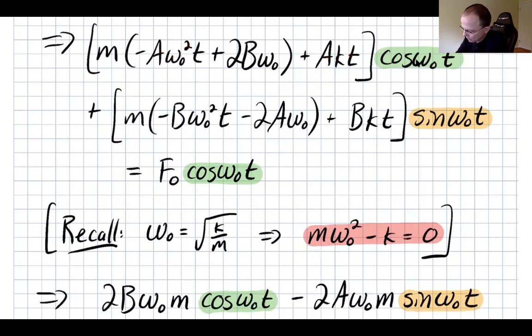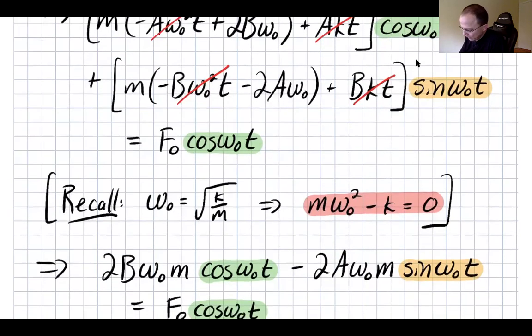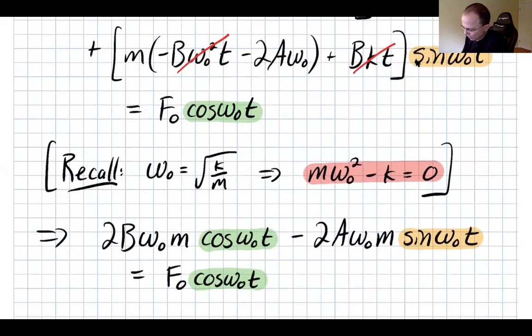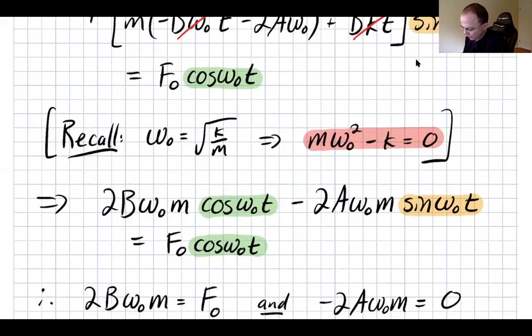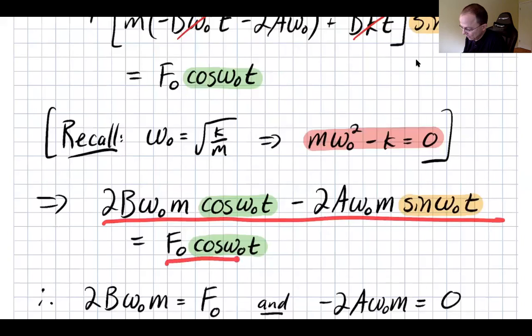So yes, there's this term here. Maybe I'll highlight what this tells us. It tells us that this term and this term cancel, and it also says that this and this will cancel. So that's what that is implying. So we get a much simpler form now of our equation. All that stuff goes away, and we're just left with this.